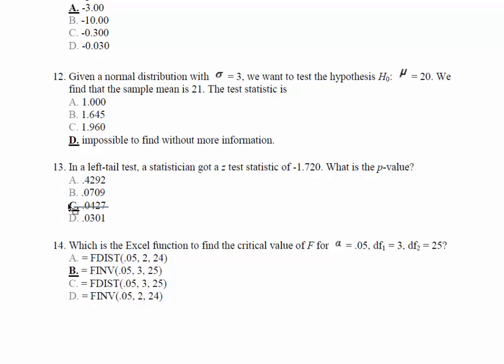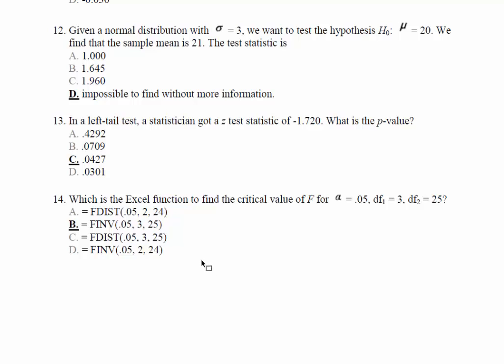Again, this is on page 564 of your book, table C2. Number 14. Which is the Excel function to find the critical value F for alpha 0.05, degree of freedom 1 is 3, degree of freedom 2 is 25?